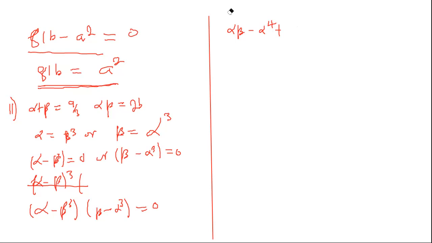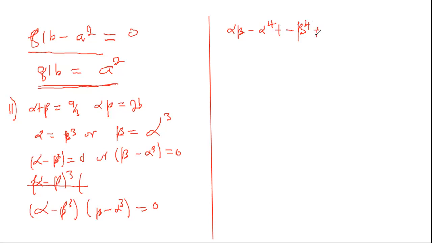So this times this gave us alpha beta, then this times this gave us alpha to power 4. So now we are supposed to get a negative alpha cubed times beta, which would give us negative beta to power 4. Are we there? Yes, teacher, we are there.